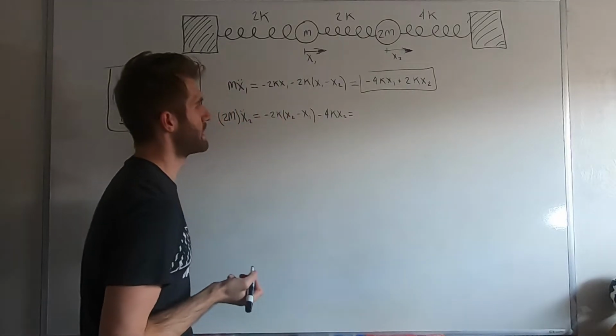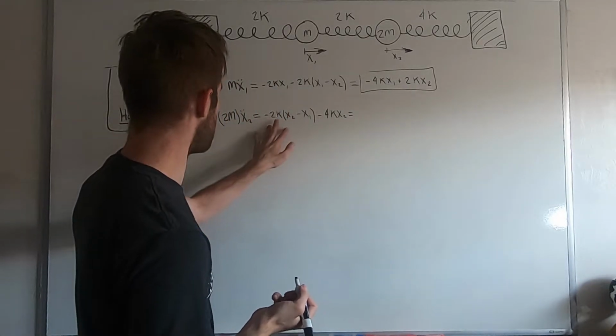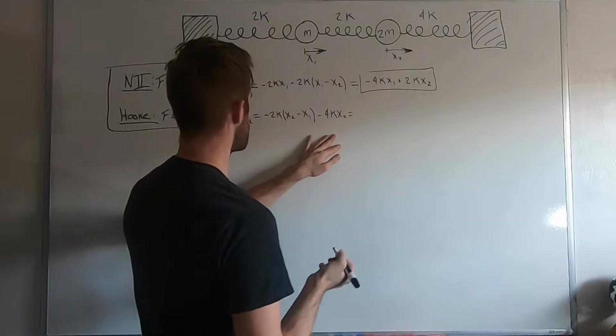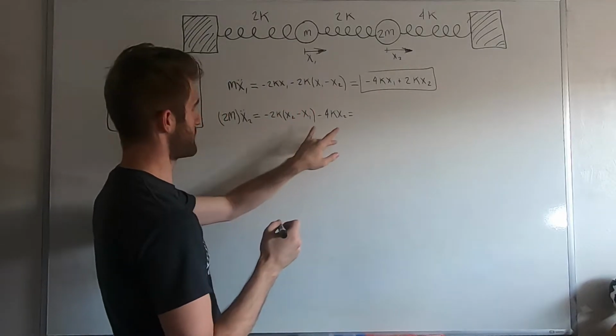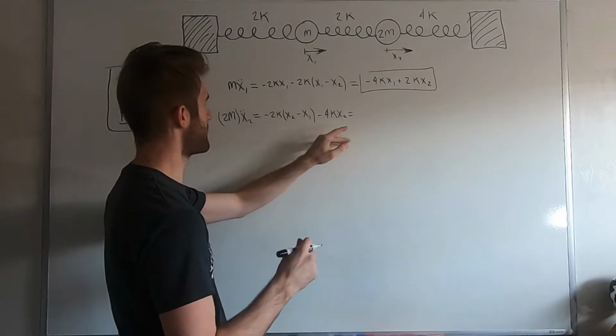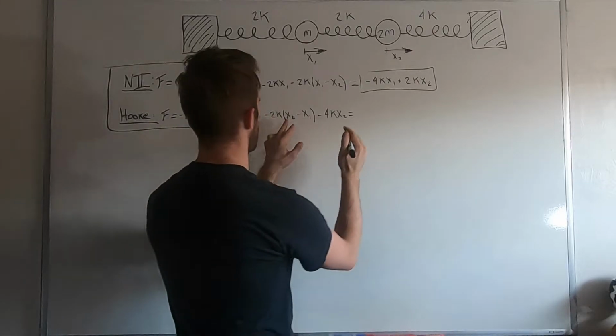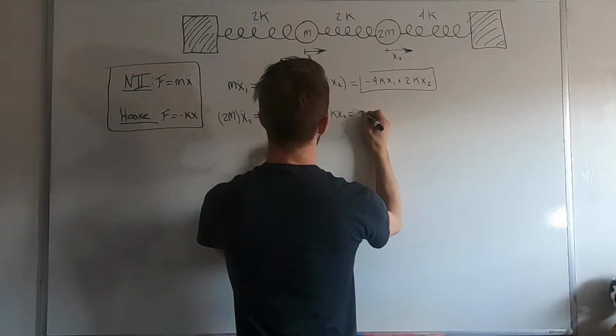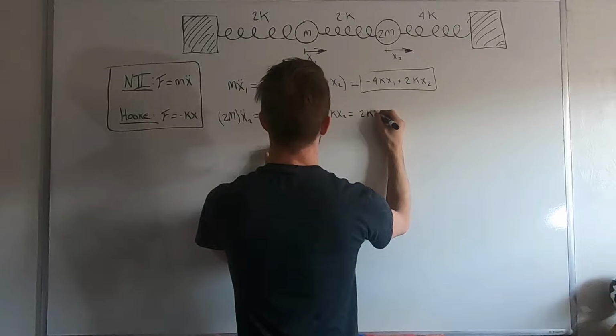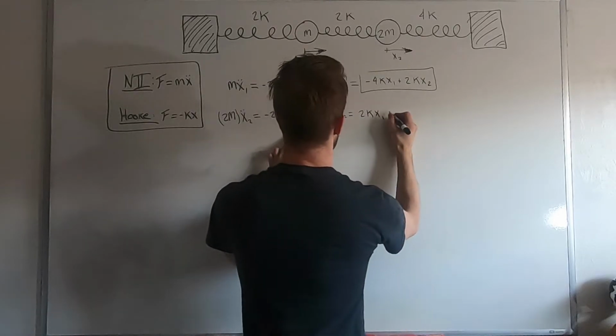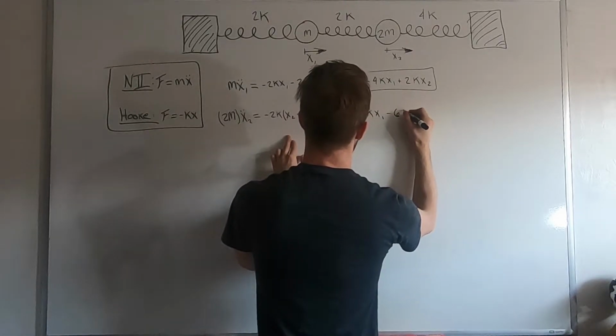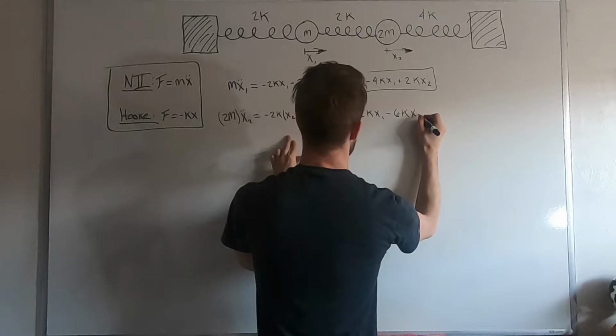Now expanding this out, we're going to have like terms again, which gives us minus 6k x2, but I want to keep this sequential. So our first term is going to be 2k x sub 1, and then minus 6k x sub 2.